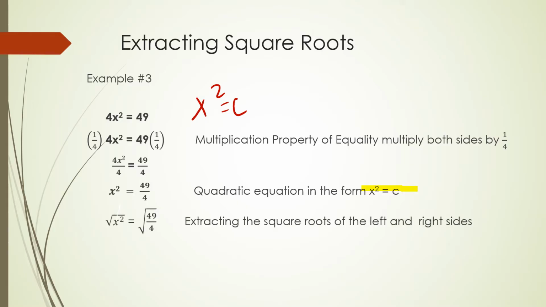Now, extract the square root of the left and right side. What is the square root of x squared? That is x. And the square root of 49 is 7. And the square root of 4 is 2. Again, that is positive and negative 7 over 2. That is the possible value that will satisfy the equation.